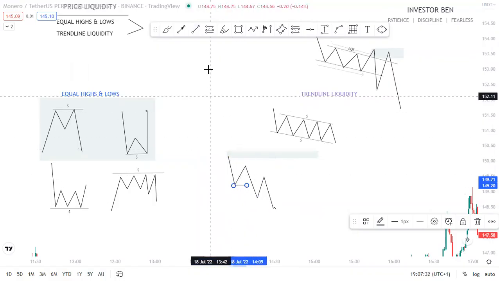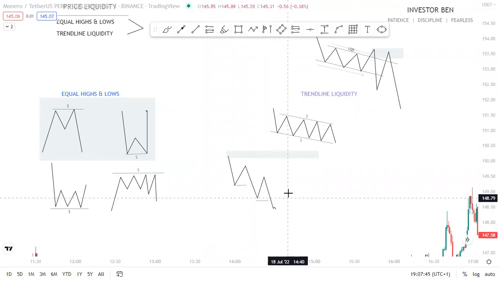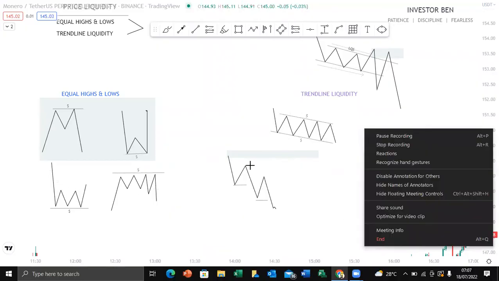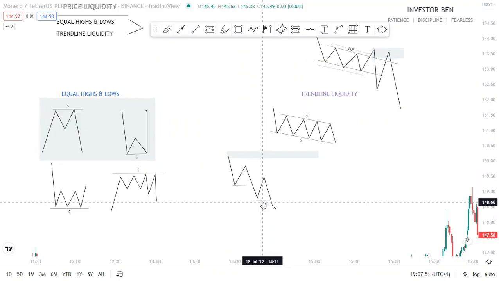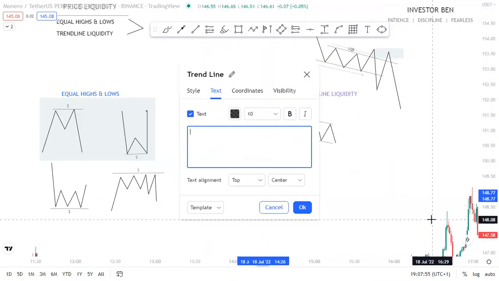Price created a lower low at this point, a lower low at this point, a lower low at this point, right? And now as price is creating all these lows, remember, there is something we have to do at the top. Price created this low. This will be your BMS or BOS, anyone you want to use, right?